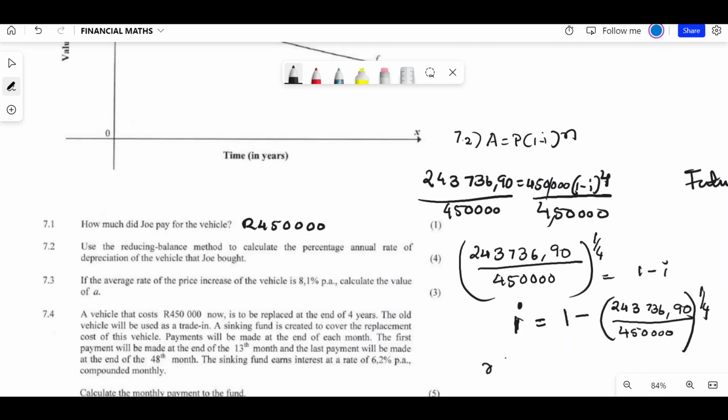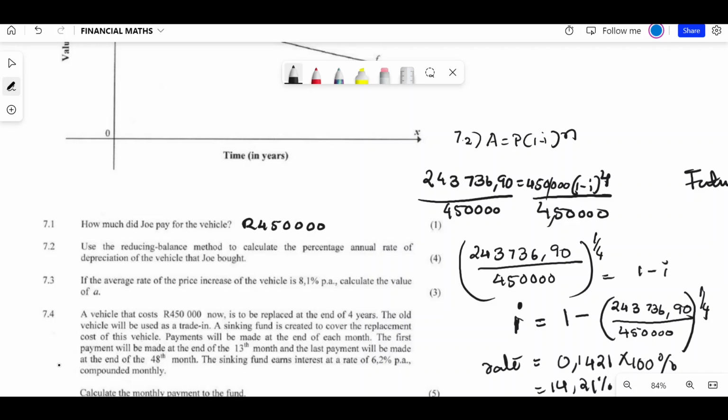I'm just writing the final answer. After multiplying by 100, you are going to get 0.1421 etc. times 100%, which will give you 14.21%. That is the rate of depreciation.